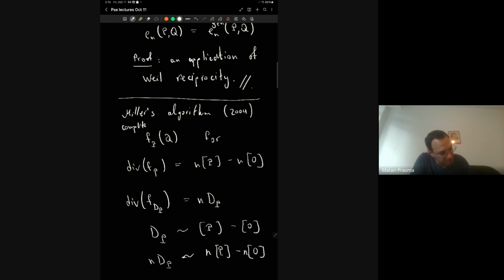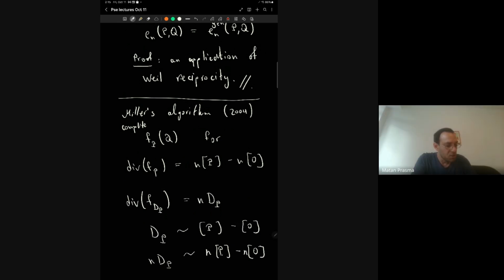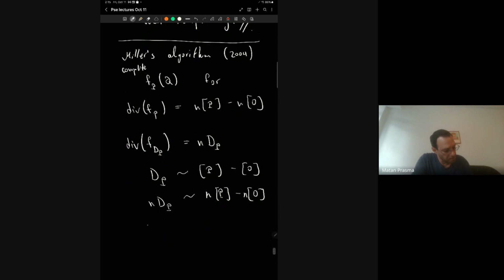Equivalent means that if you subtract the two divisors, you get a principal divisor. So FDP is a bit more general, but for DP that is equal to P minus O, FDP is exactly FP.